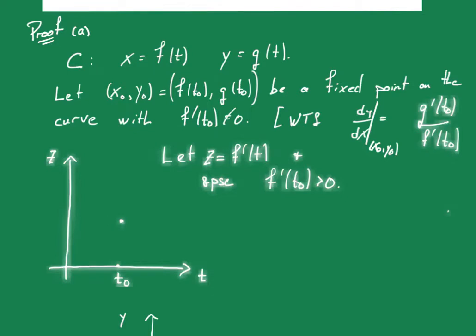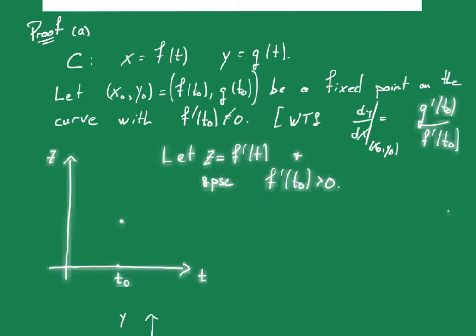Let's suppose that f prime of t naught is bigger than 0. The case where f prime of t naught is less than 0 is similar. So here I've drawn z at t naught so that it's bigger than 0. So z equal to f prime of t naught is supposed to be bigger than 0.